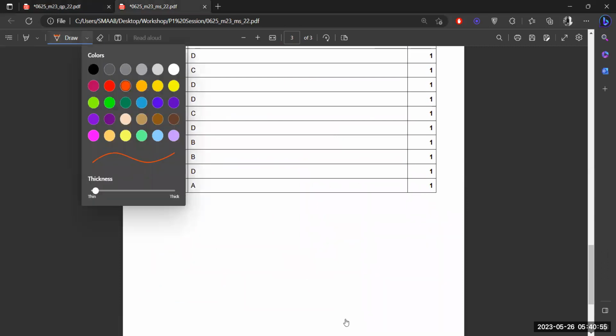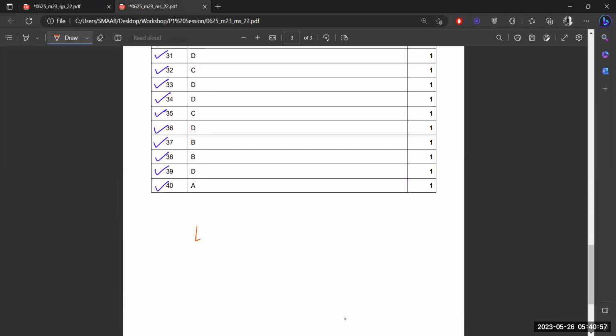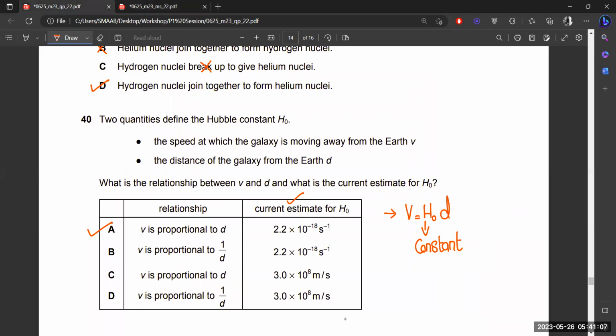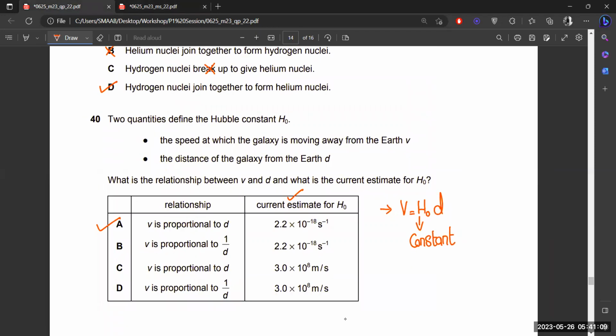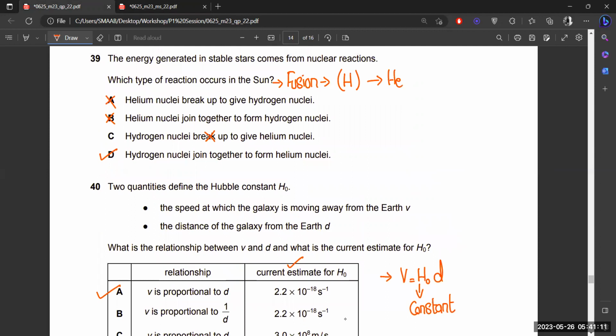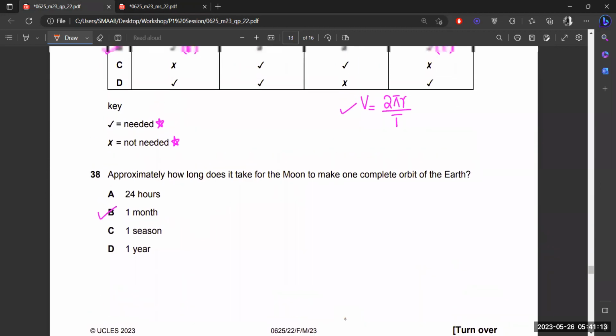Okay, students, I hope you got the concept. The questions are not very difficult. I will upload this solved paper along with the marking scheme in the description and the first comment section.